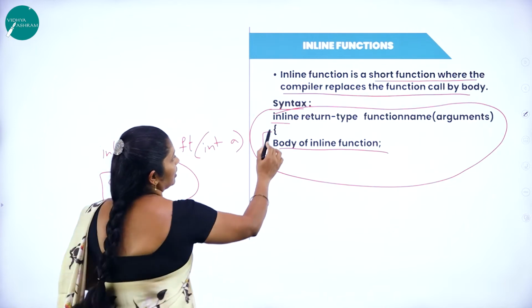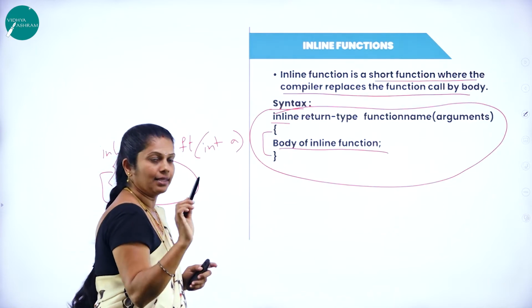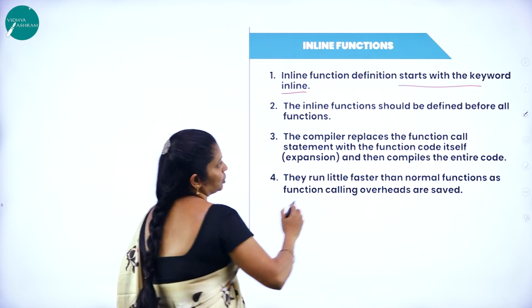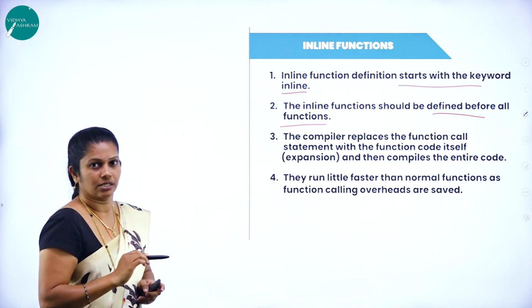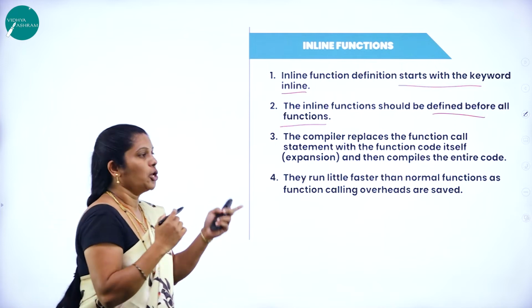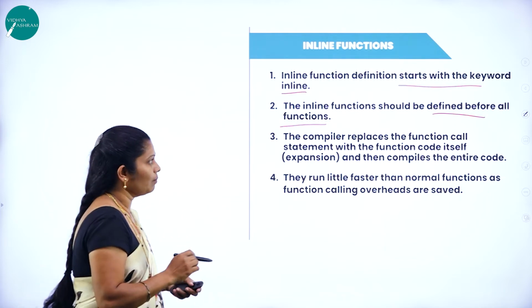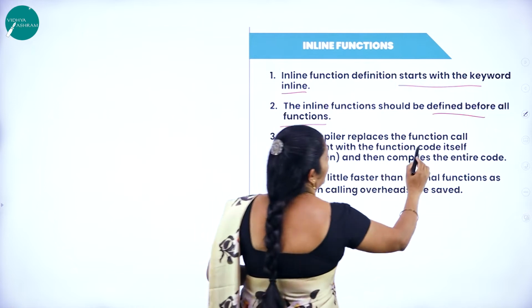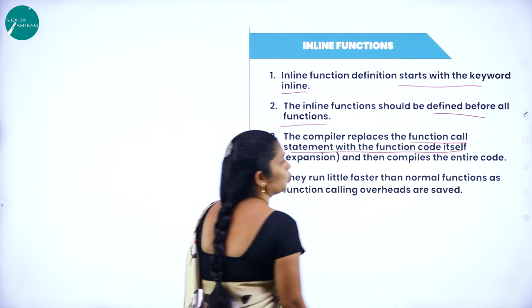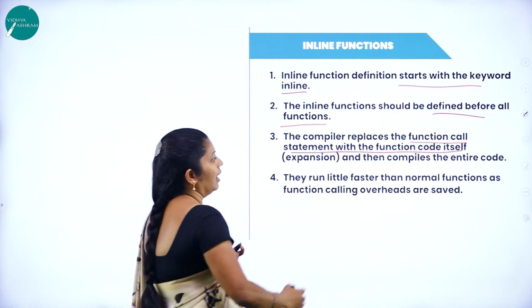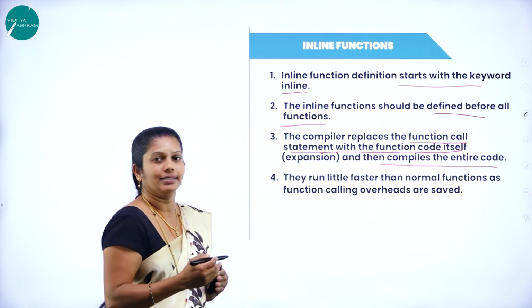The inline function definition starts with the keyword inline. The inline function should be defined before all the functions. The compiler replaces the function call statement with the function code itself, and then compiles the entire code.